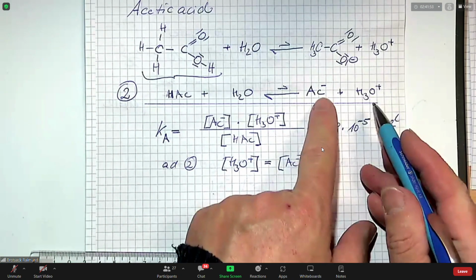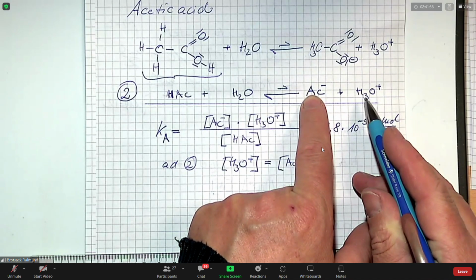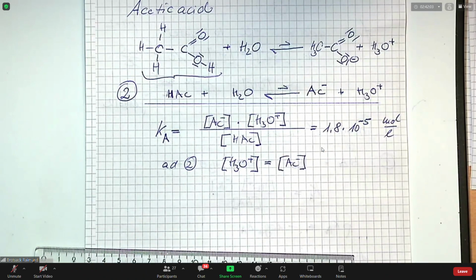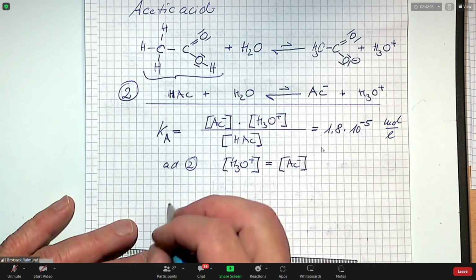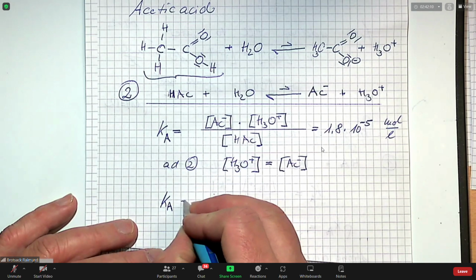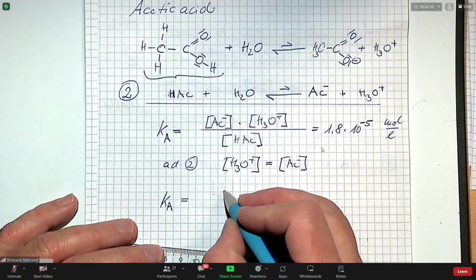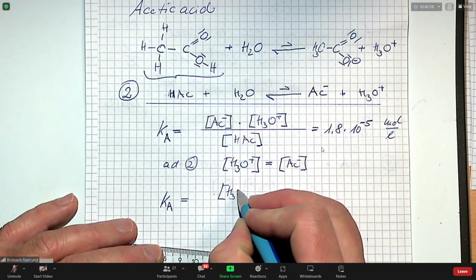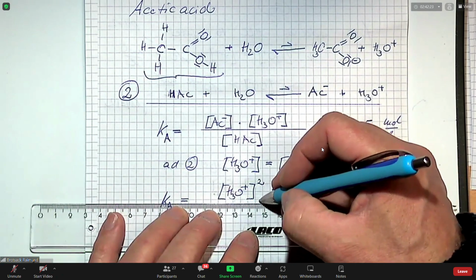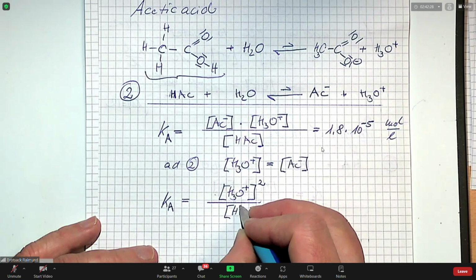Because when we look to the chemical equation, it's 1-to-1. If this is 1-to-2, of course, then it's not the same. But here it is. When we know that, we can integrate it into Ka, and say Ka, Ac minus is the same as H3O plus. So it is the H3O plus concentration squared over the concentration of the acetic acid HAc.